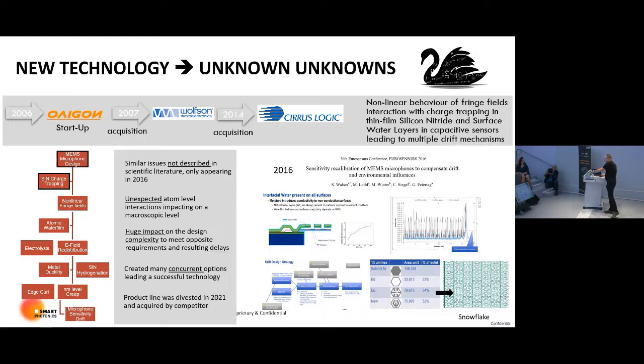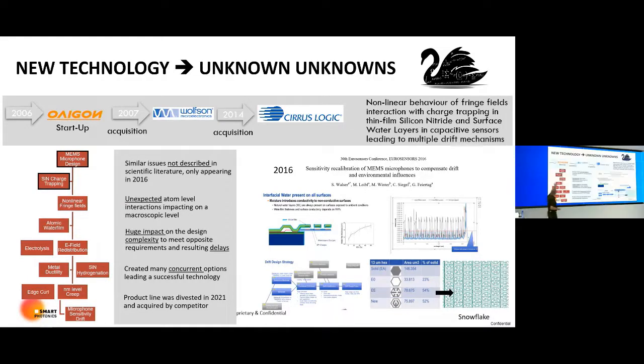I won't go into the detail here, but you see quite a number of different modalities and physics going on, from charge trapping, fringe fields, electrolysis, to very low temperatures, metal properties, etc. In the end, we did solve it after 3 years.